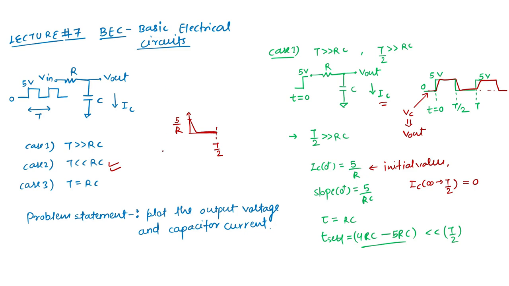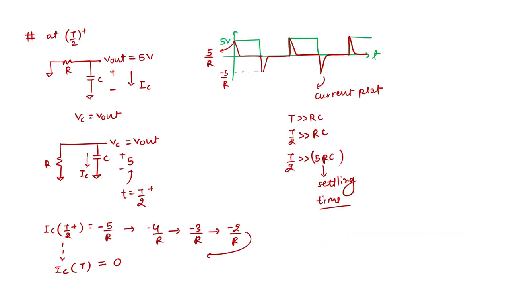And T equal to RC you can simply analyze, with T by 2 with respect to RC, and you can plot it. This third case I am leaving as a homework exercise. Watch the video carefully, and then try to draw the current and voltage plots for the third case.